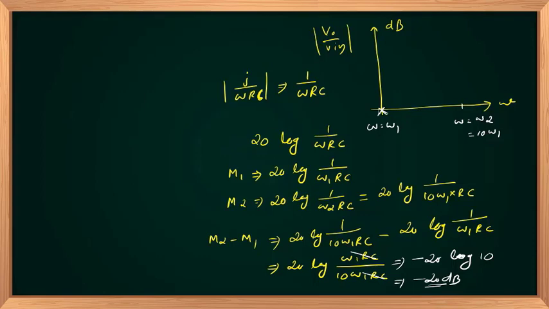So we'll call the magnitude here m2, and the magnitude here m1. So m2 minus m1 divided by omega 2 minus omega 1 is the slope. So over a decade, the slope will be equal to minus 20 decibels.